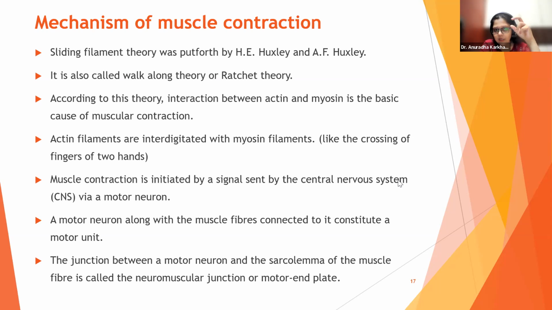From the CNS. Correct? A motor neuron along with the muscle fiber connected to it constitutes a motor unit. A very important point. What exactly is the motor unit? The motor unit is nothing but the motor neuron along with muscle fibers. Okay, motor neuron along with muscle fibers.